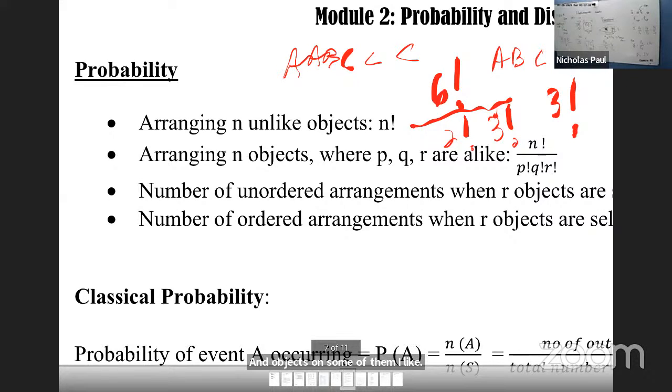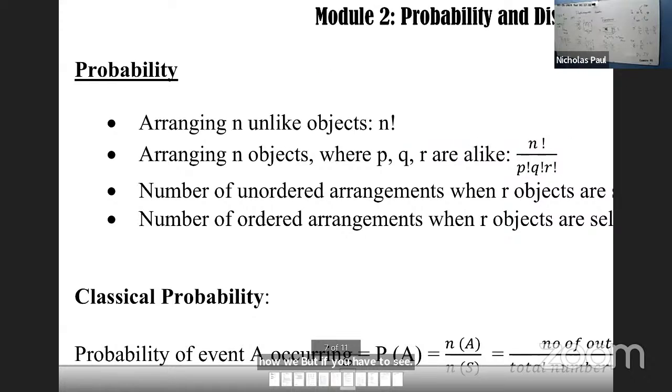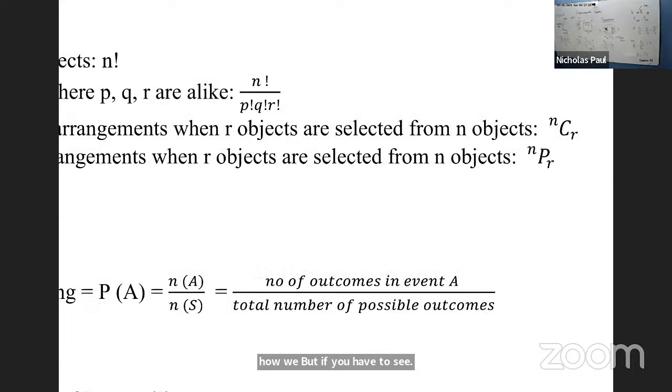But if you have to select now, if you have to select from n objects and the order matters, nPr. Select the objects and the order doesn't matter, nCr.